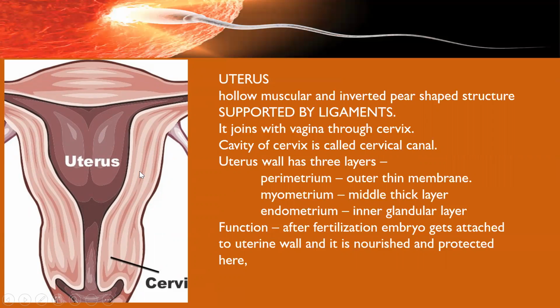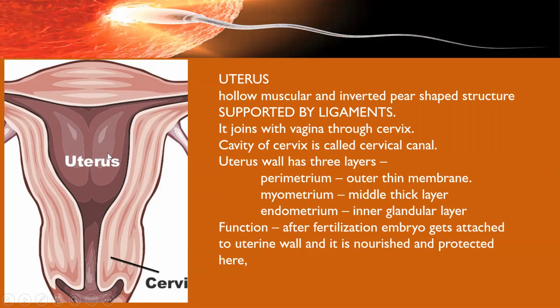These muscles are very strong, that is why they are able to tolerate the labor pains. Then the innermost glandular layer is called the endometrium. The thickness of the endometrium varies depending on the stage of the cycle the uterus is in.